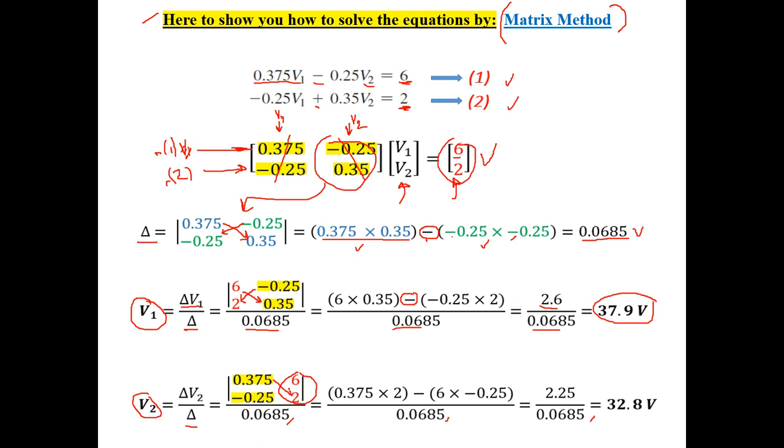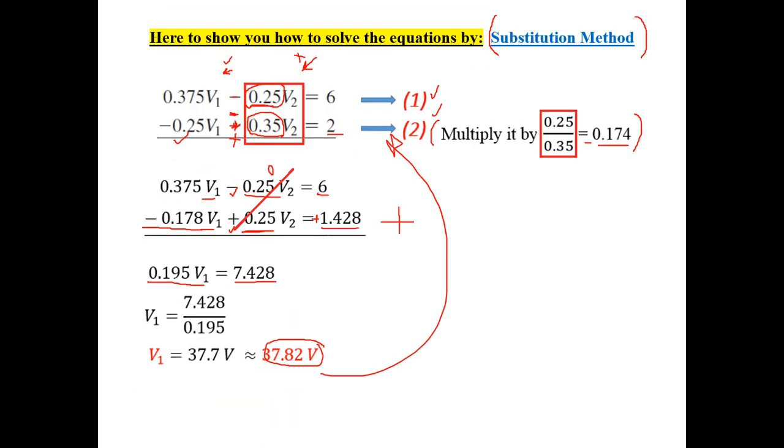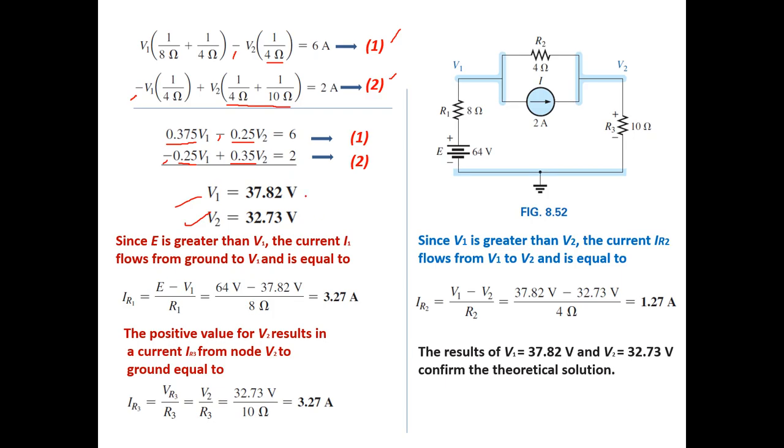So multiply the diagonal numbers, subtract it from the multiplication of the off diagonal numbers. You will get 2.25, and this is our delta V2. Divide it. Your answer is 32.8. So when I go back here, of course, it's approximately the same values. So you can apply any method that you like.